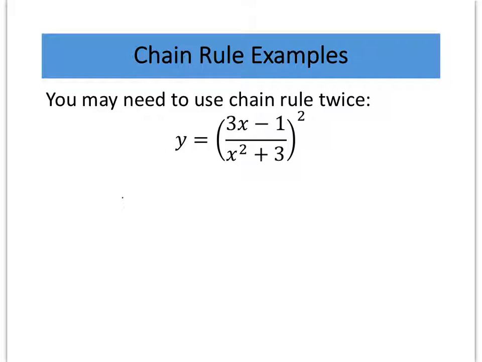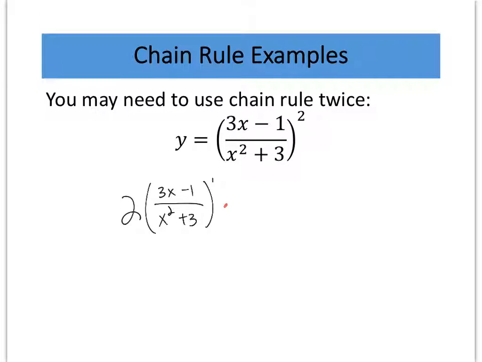I'm going to do 2 times stuff to the power of 1, so 3x minus 1 over x squared plus 3, times, the chain rule says I need to take the derivative of the inside stuff. This was to the power of 1. Times the derivative of the inside stuff, which here, I have to use the quotient rule.